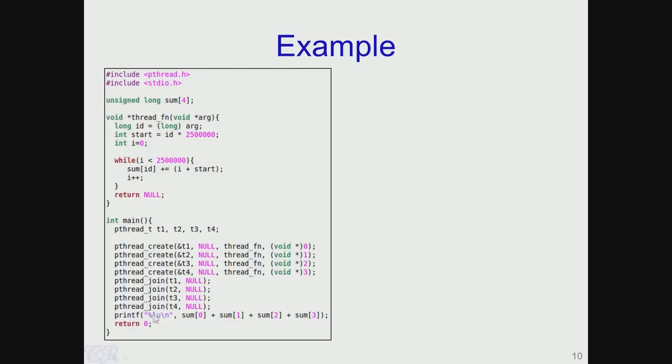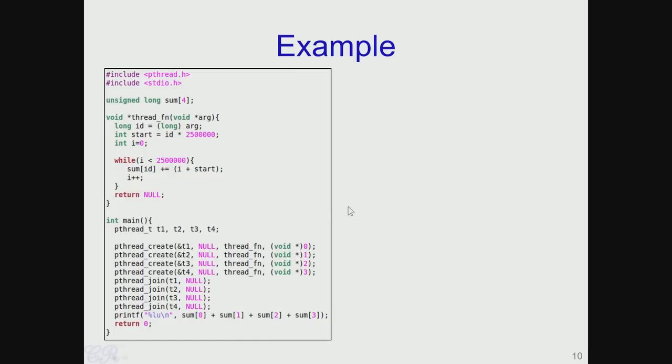So, this final sum printed is the sum of the first 10 million numbers, and therefore, we have seen that the large job of adding numbers from 0 to 10 million is broken down into 4 parts, and each part is then computed by a thread to get a partial result, which is then added on.